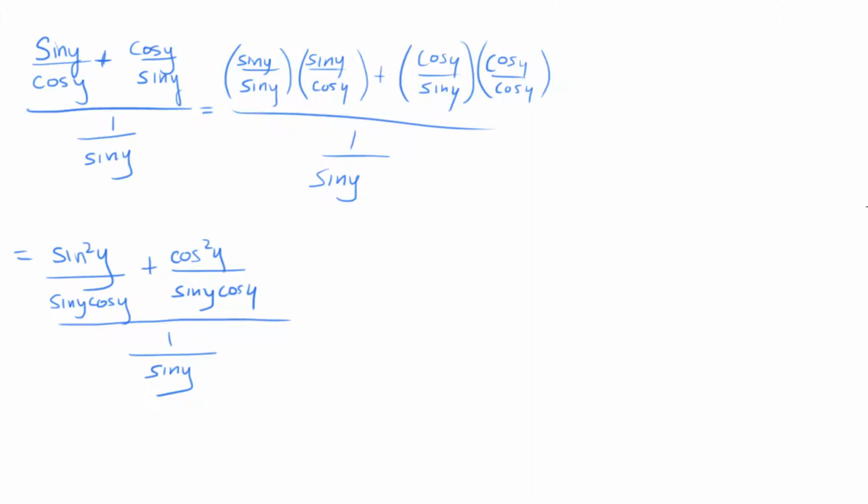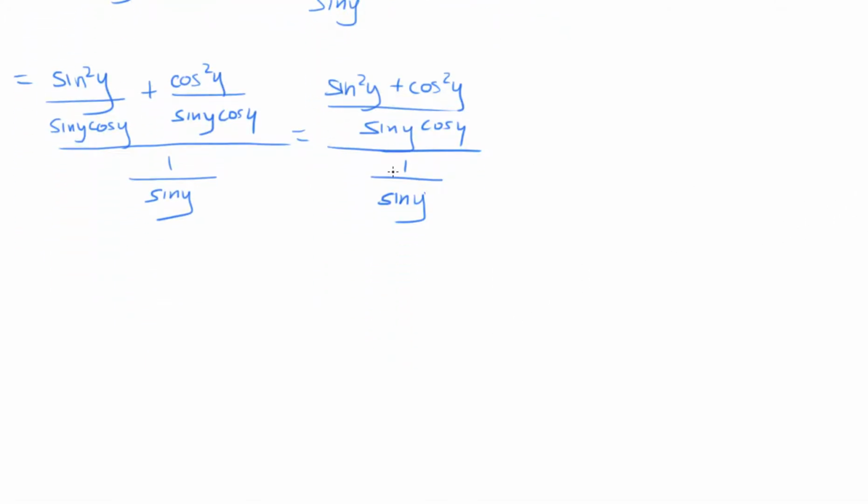Now, once you have a common denominator, you can group them in the same denominator. So this is going to be sine squared y plus cosine squared y over sine y cosine y over 1 over sine y. Now notice that the technique is always to get a fraction over a fraction in order to multiply by the reciprocal.